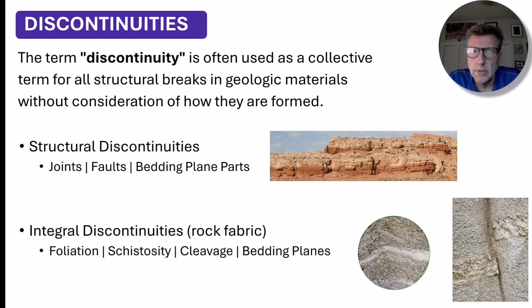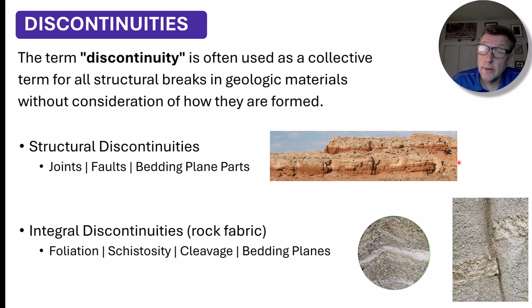For example, fault displacement, which we can see down in the lower right-hand corner of this slide, occurs predominantly by shearing. Bedding planes that were once intact may become separated due to stress relief. And we can see on the upper portion of the slide right here, the classic example of bedding planes.